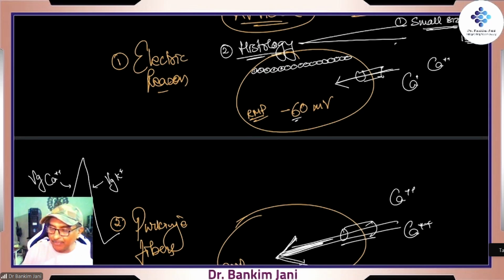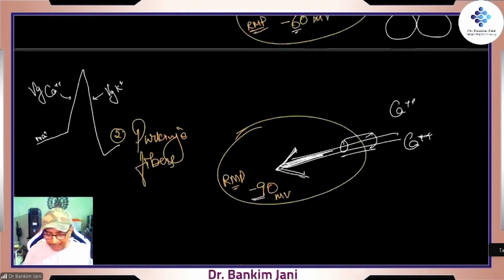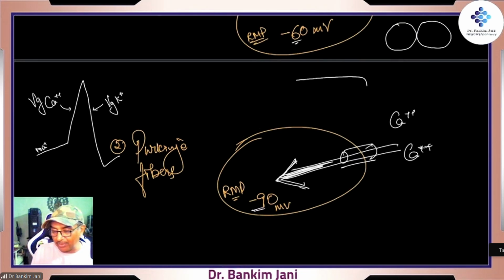Small cells, and on top of it, fewer gap junctions. Two things. So one is small cells, right? So this is one cell, this is another cell, and in the case of Purkinje fibers, the cells are elongated cells, and there are more gap junctions.